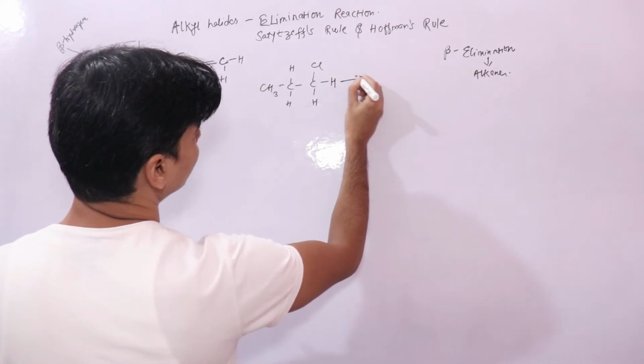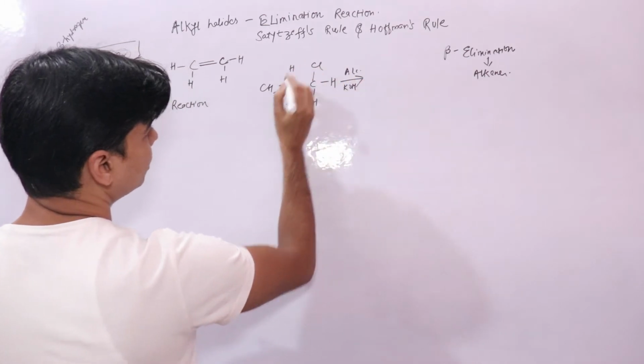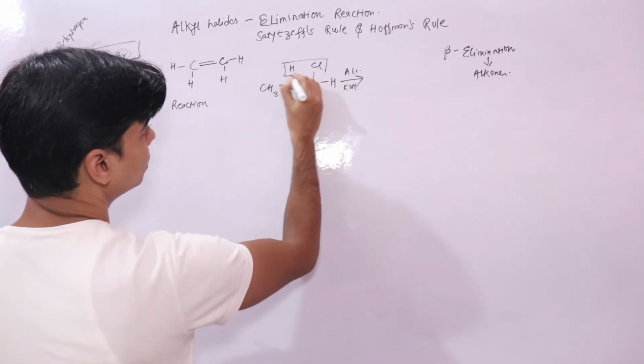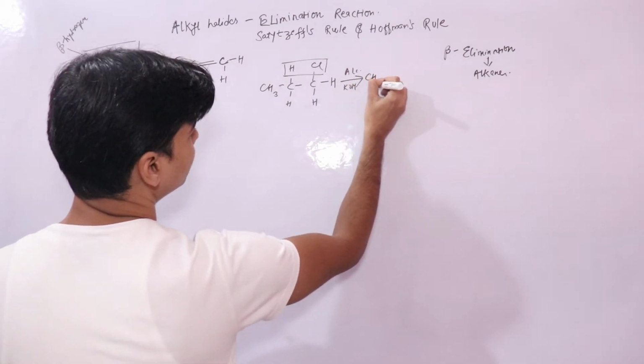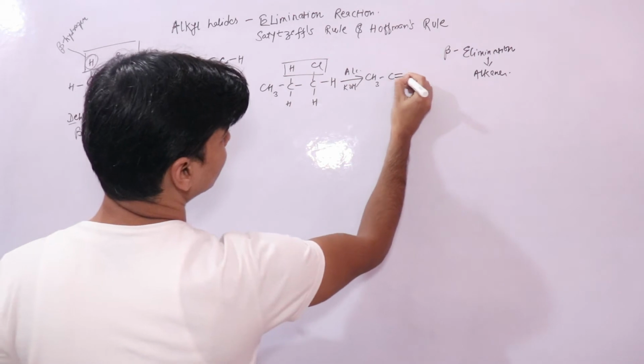In the presence of alcoholic KOH, dehydrohalogenation will occur. That means hydrogen and halogen atom would be removed. It will form an alkene. Since these are removed, you get a double bond here.